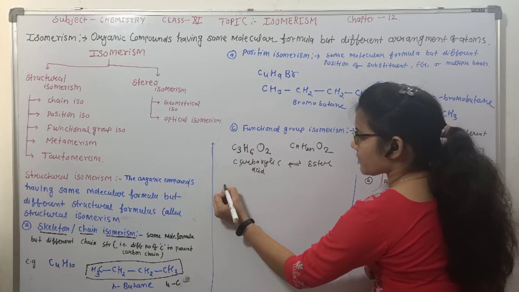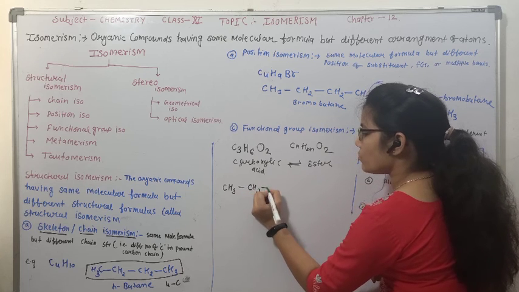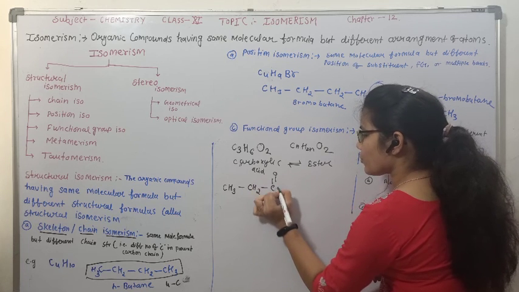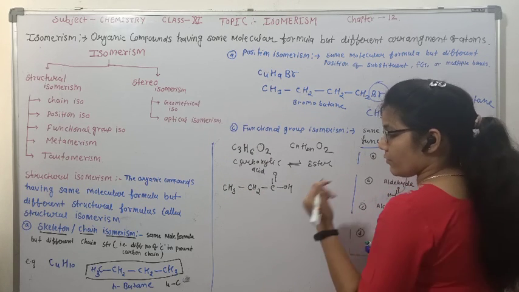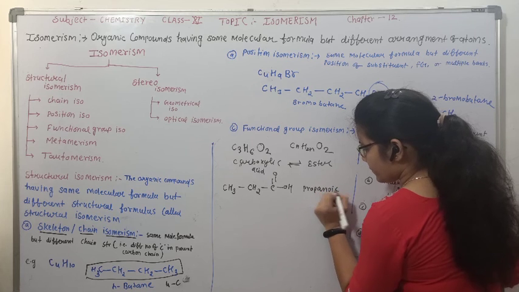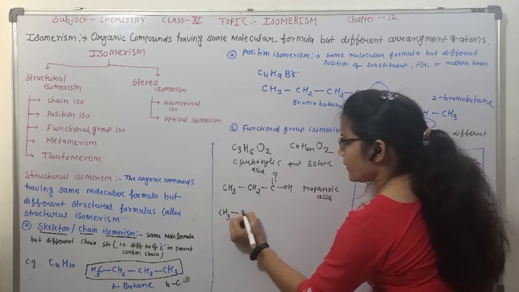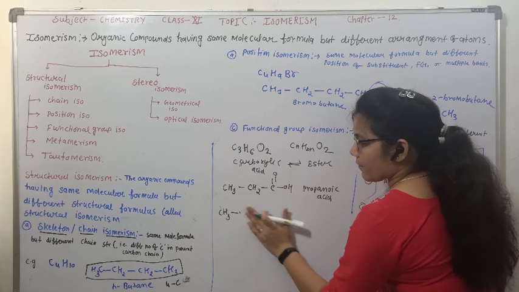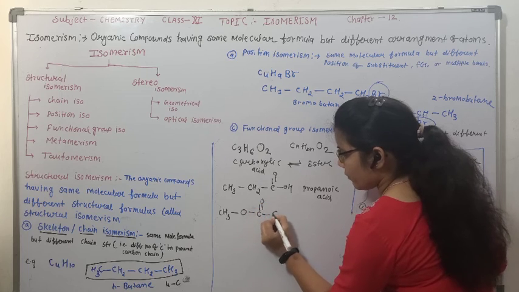Let's just do it. So this is CH3, CH2, C double bond O, single bond OH. Is it? Now this is what? Propanoic acid, and its functional group isomer, we have to open it in ester form.